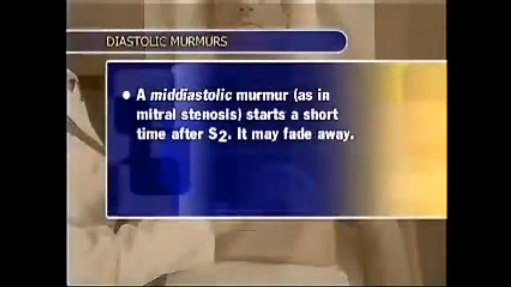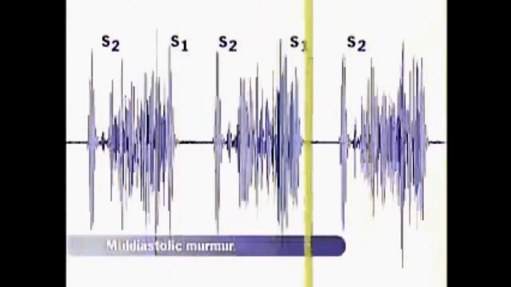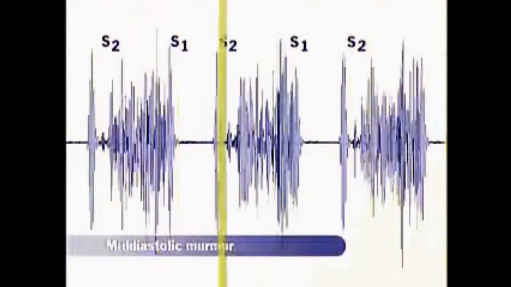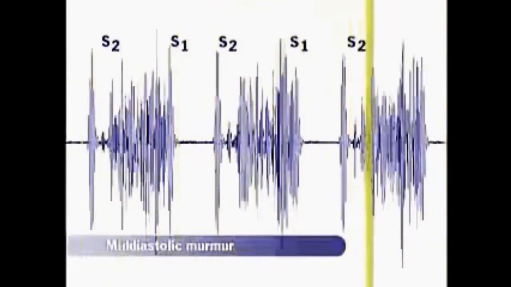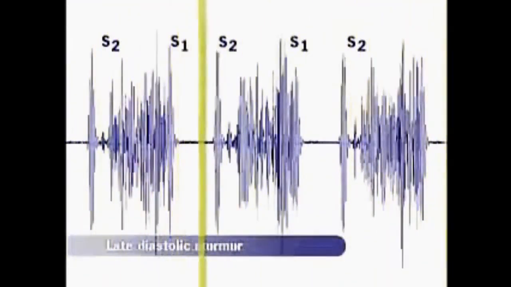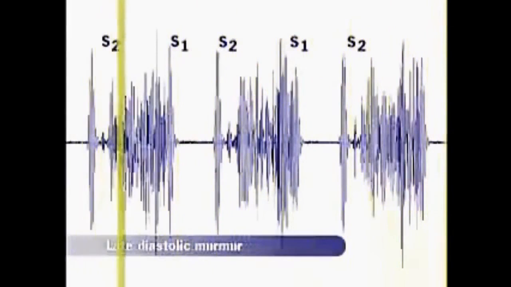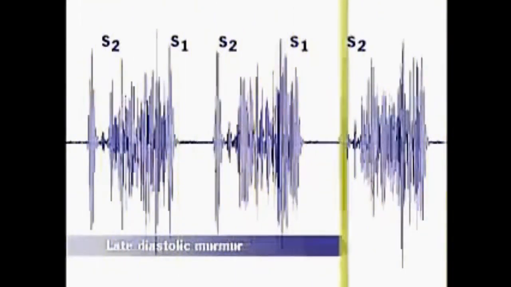It may fade away, as heard here. Or it may merge into a late diastolic murmur. A late diastolic murmur, as heard with mitral stenosis, starts late in diastole and typically continues up to S1.